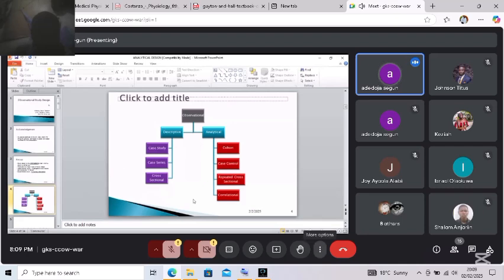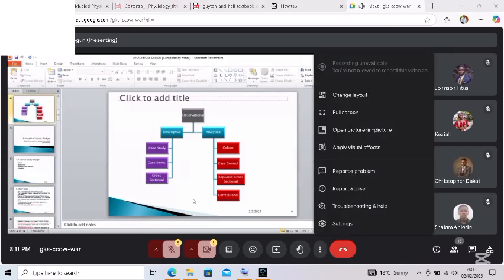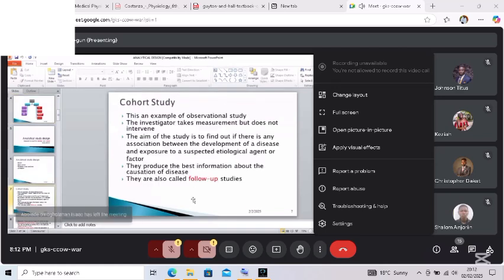You have case control, repeated cross-sectional, and correlation. So let's talk about the cohort study as one of the types of analytical study design. Cohort study, follow-up study, or longitudinal study, as well as concurrent study.